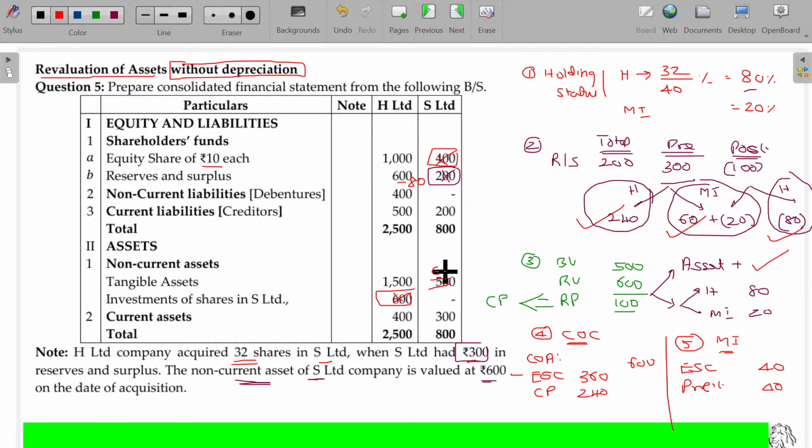This 500 becomes 600 rupees, and holding company's value 80 will be added here. So revaluation profit 80, and revaluation profit meant for the minority interest being 20. See, this one got ticked, this one also ticked, and this one also ticked.